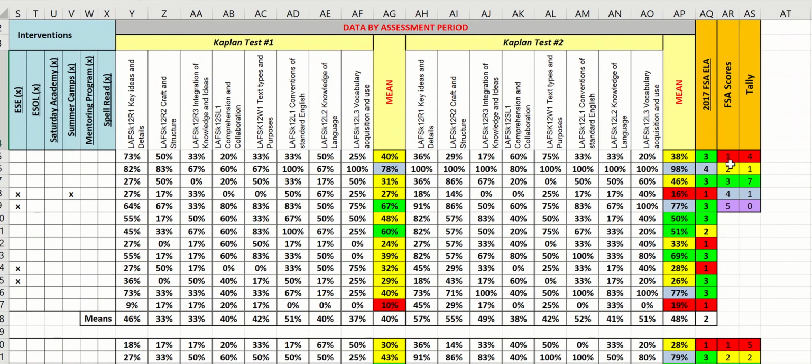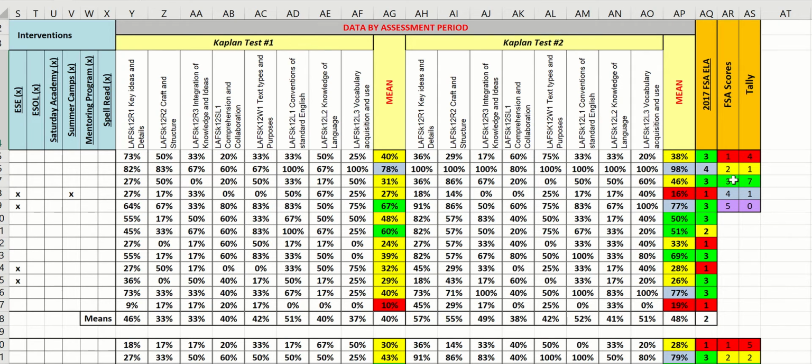And then all the way on the end here, we can see the 2017 FSA scores for English Language Arts. That's what ELA stands for. Notice the different colors. Level 1, which is the lowest, are red. So anywhere you see the red, that means they're scoring at a level 1.